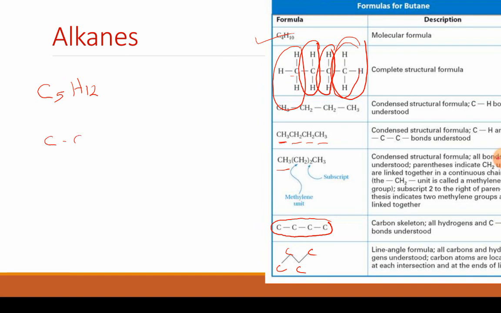C, C, C, C, 5. The two sides, of course, will attach to 3 hydrogens to make 4 bonds. And the carbons in the middle will have only 2 hydrogens.